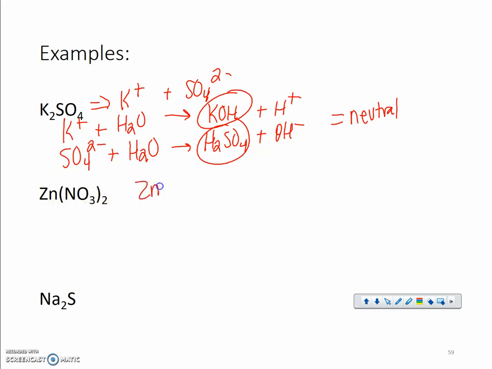Zinc nitrate is going to form zinc and nitrate. Same thing, react both of them with water.